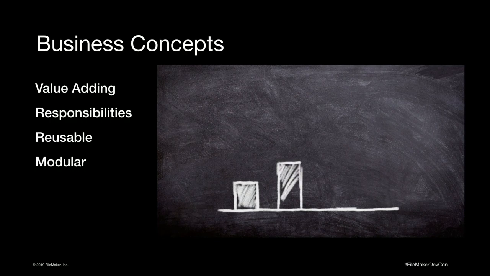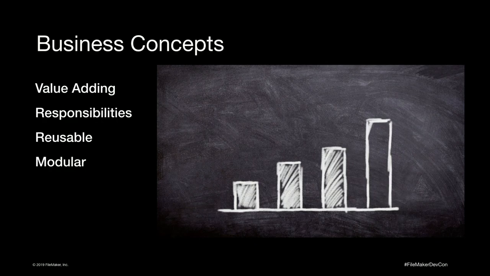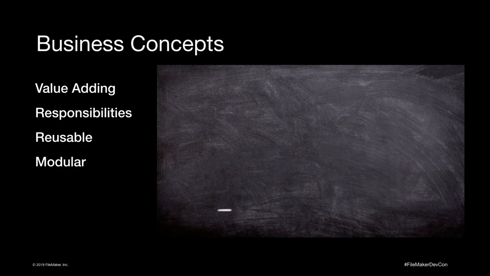And the last thing I want to cover in business concepts is that it's modular. By modular, I mean not just that it's modular in the reusable sense that you can copy it from one place and paste it somewhere else, but modular in this sense means that you can break it up into individual functionality. So let's go back to the IT department example.